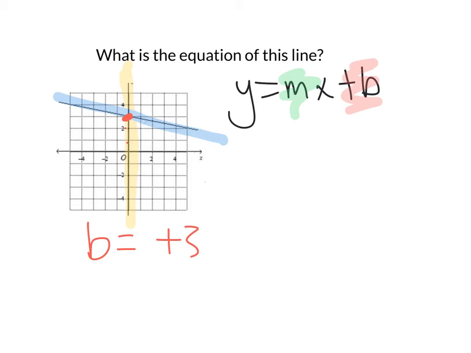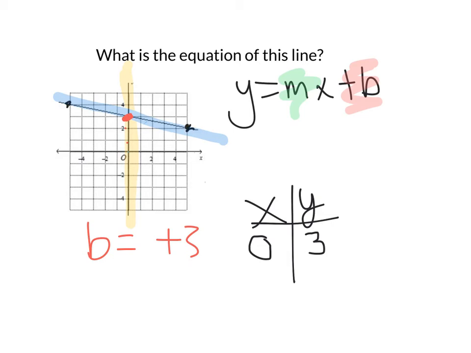Now slope, on the other hand, remember, we're going to need to build a table. We're not changing our processes, we're looking at graphs differently, but the process is still the same. I want an input-output table, or an XY table of perfect points. So when I input a 0, my perfect point is 3. So I'm going to look for another perfect point. There's one there, and then there's one there.